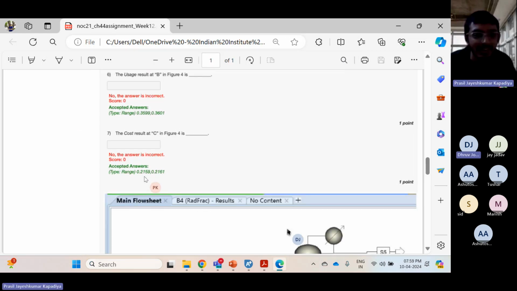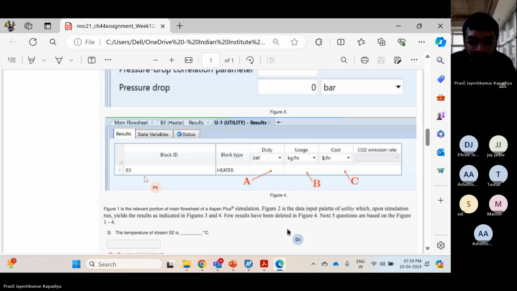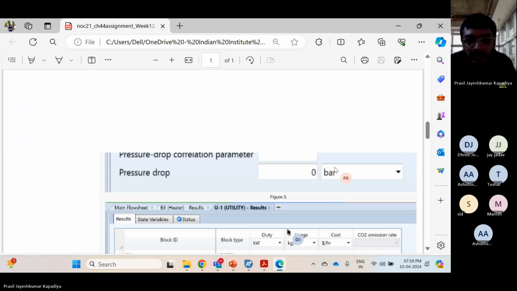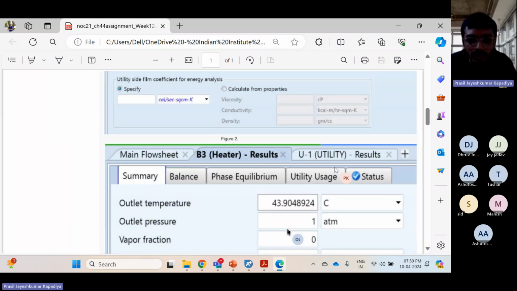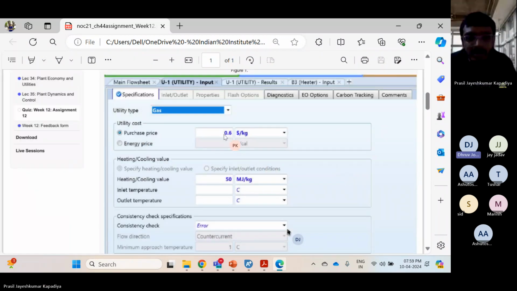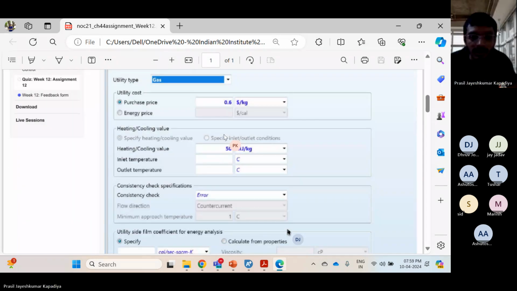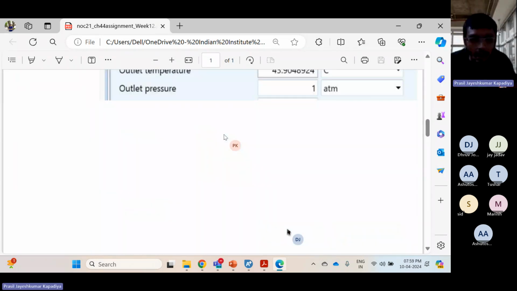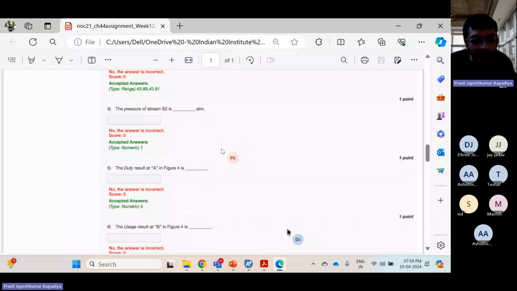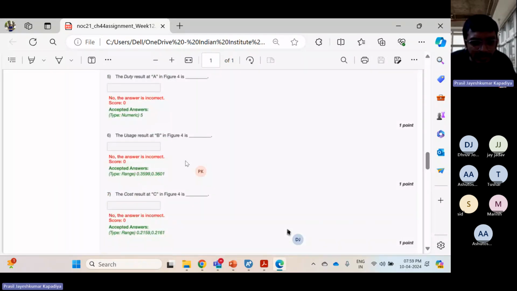Okay. The cost result at C in figure 4 is cost. So what is the cost given to us first? $0.6 per kg. Okay, so I guess we just need to multiply this value.